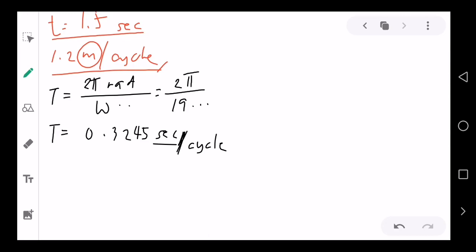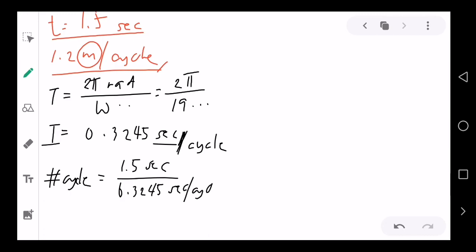And then, para ma-compute natin yung cycle sa loob ng 1.5 seconds, so, number of cycles sa loob ng 1.5 seconds, divide natin siya sa nakuha nating period, which is 0.3245 seconds per cycle.